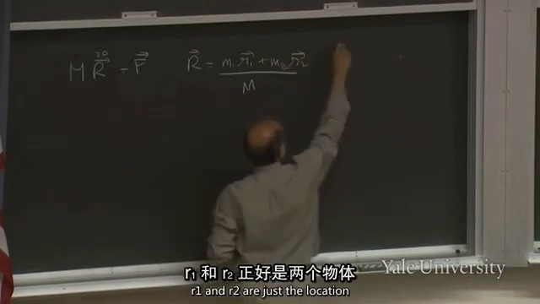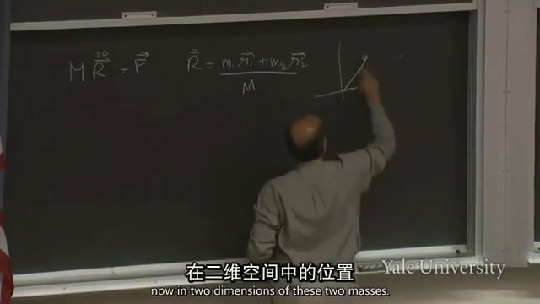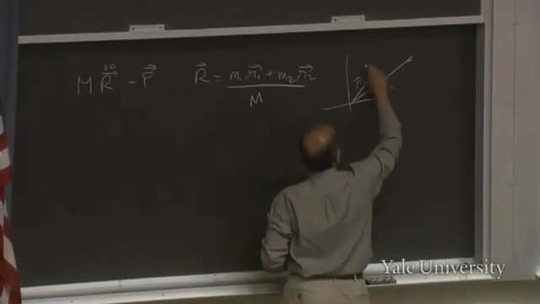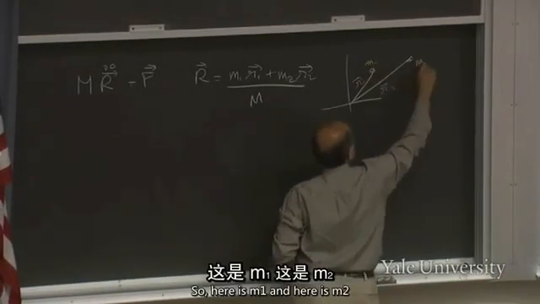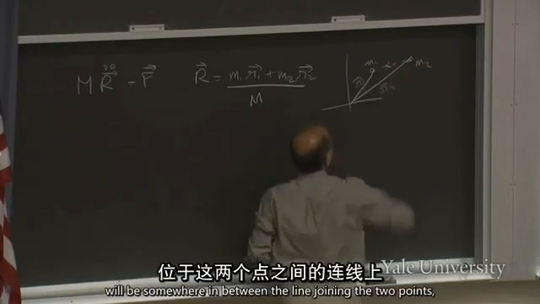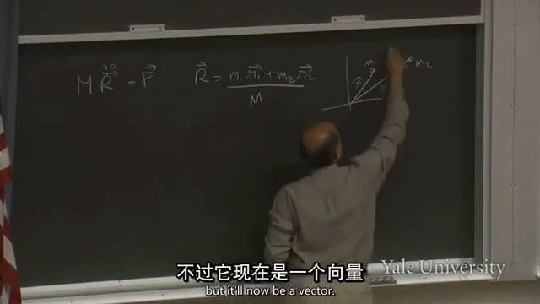R1 and R2 are just the locations now in two dimensions of these two masses. So here is M1, and here is M2, and the center of mass, you can check, will be somewhere in between on the line joining the two points, but it will now be a vector.